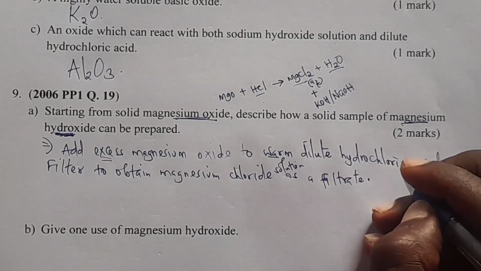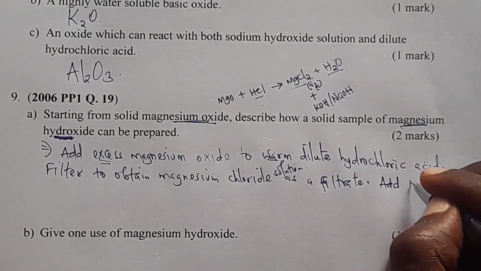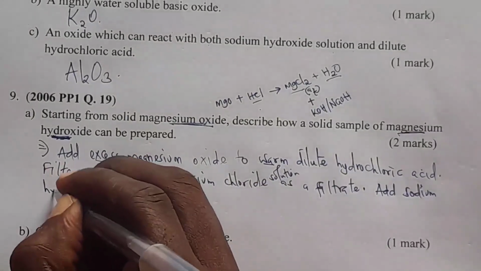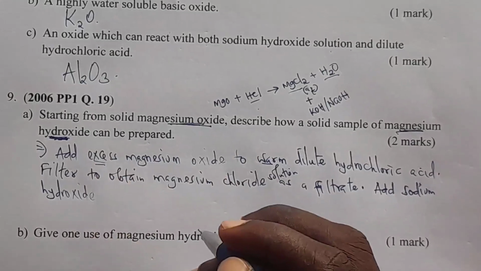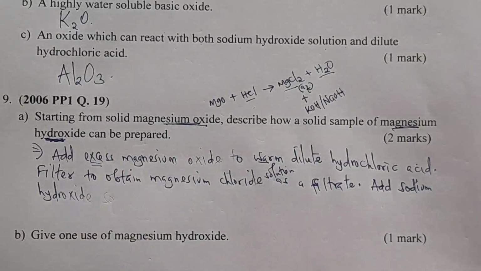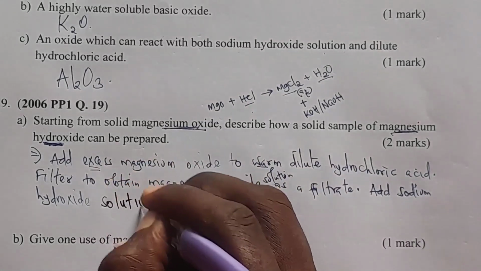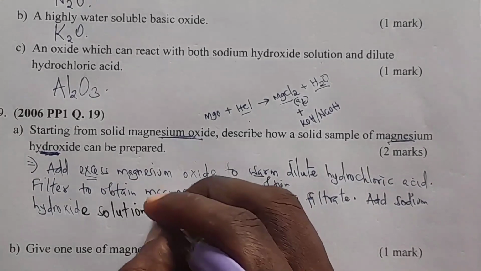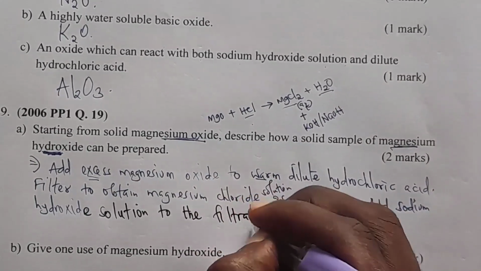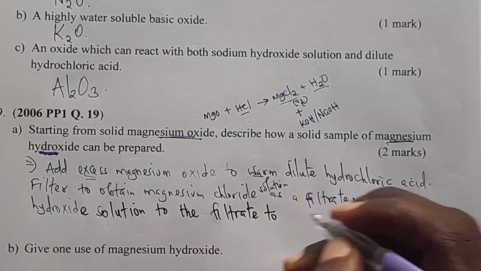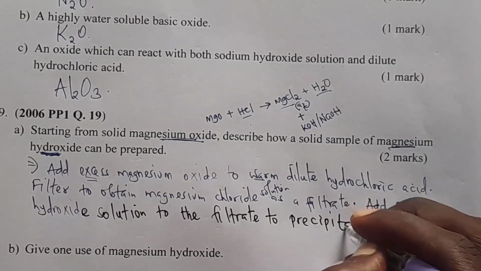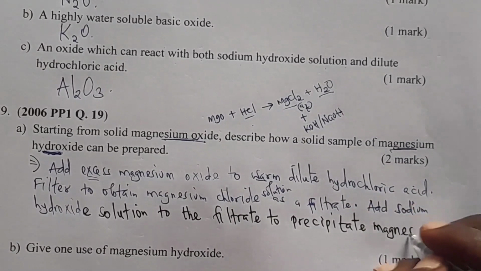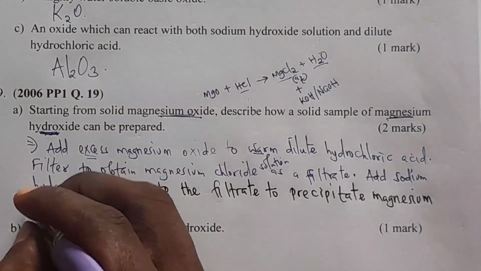So next, after that, we are going to add sodium hydroxide solution, or potassium hydroxide solution, whichever you like, to the filtrate in order to precipitate magnesium hydroxide.